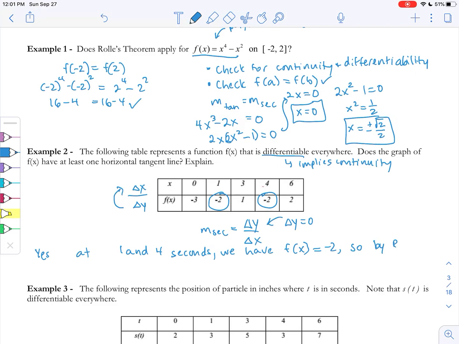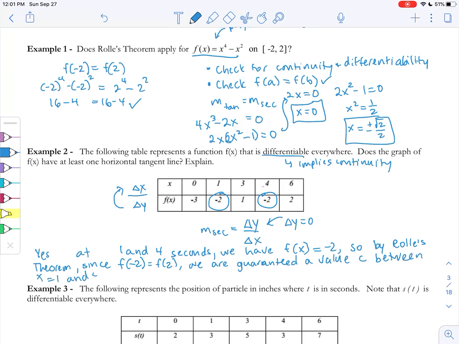So by Rolle's theorem, since f of -2 is equal to f of 2, we are guaranteed a value c between x equals 1 and 4, in which f prime of c is equal to 0, considering f of x is continuous.